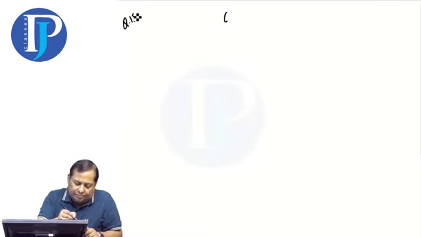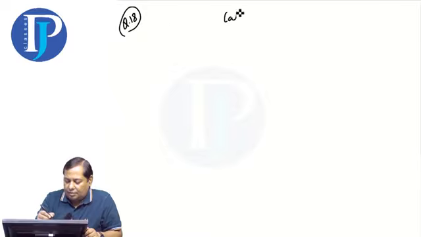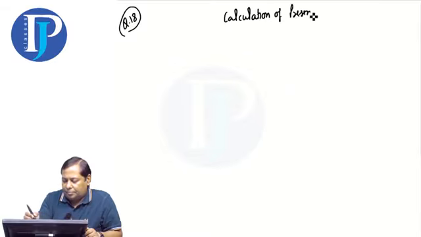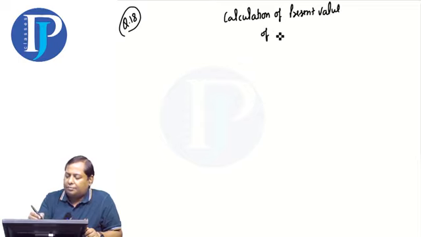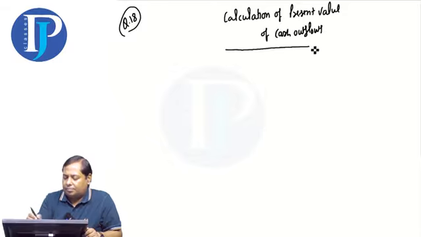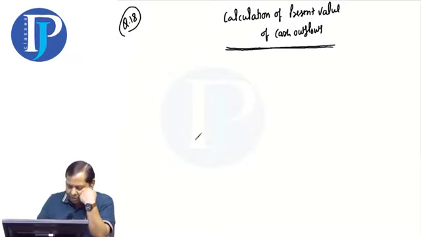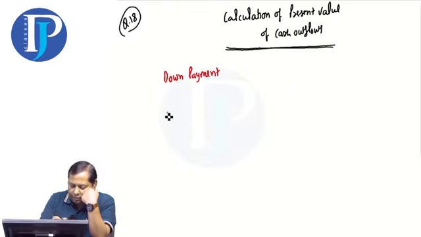Question number 18. Calculation of present value of cash outflows. How will it be? First, the down payment. First payment.